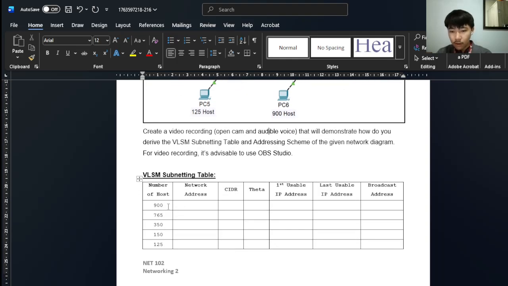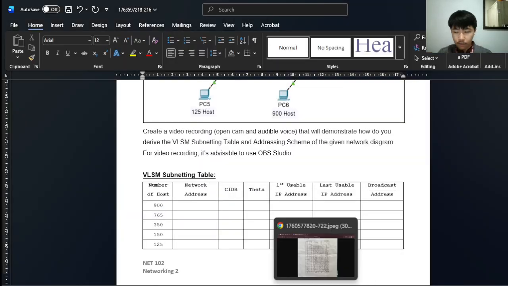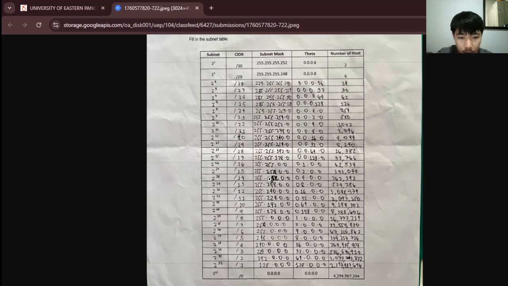For our first host, which is 900, it falls in the range of 1022, and its CIDR is 22.